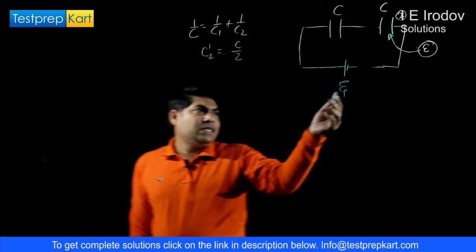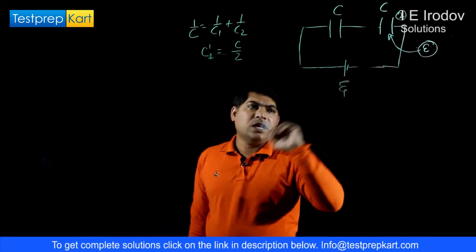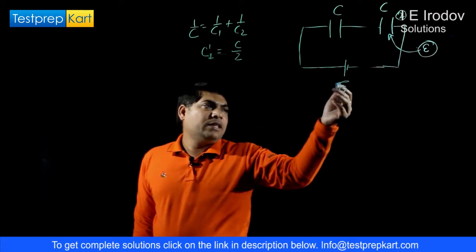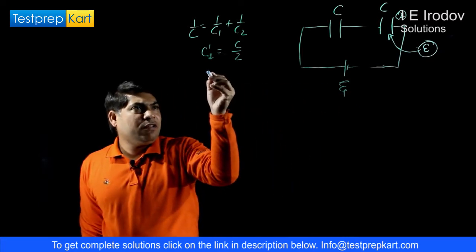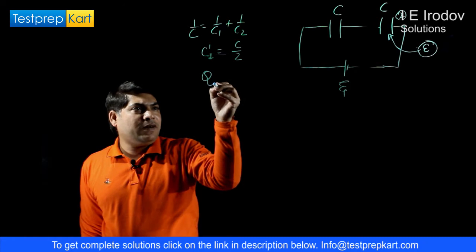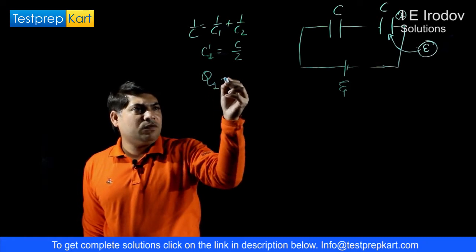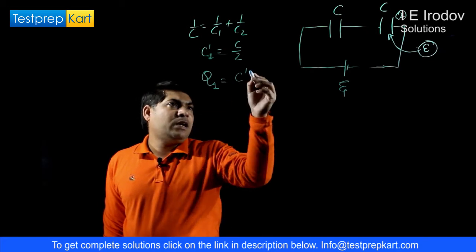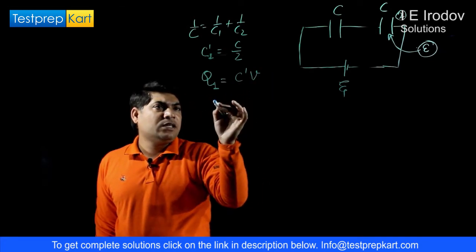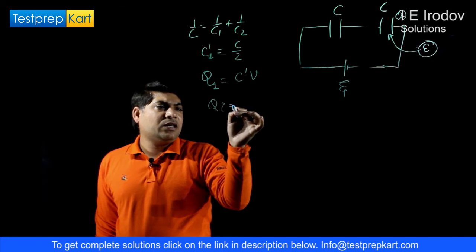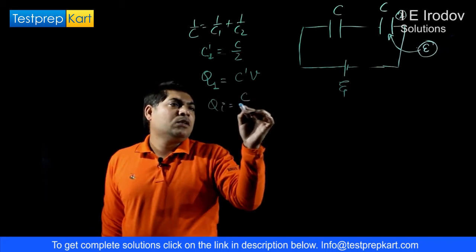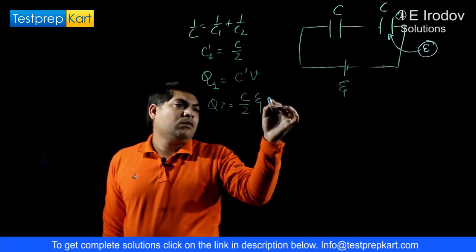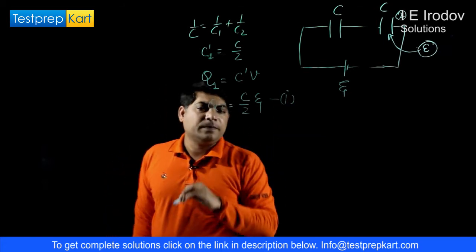The potential applied across this is the EMF E, and the charge stored in the first case, Q1, is equal to the effective capacitance multiplied by the potential difference. So Q initial or Q1 is equal to C by 2 into E. This is our first equation.